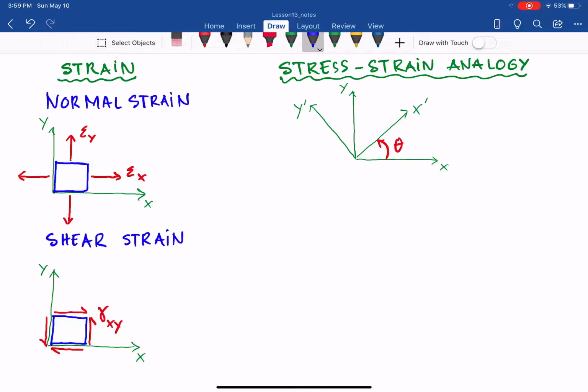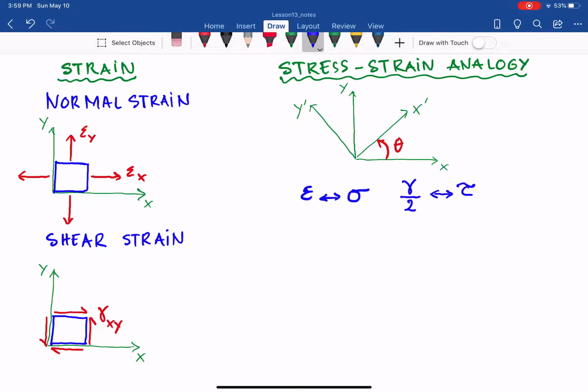If we talk about sigma in the previous lesson in the stress transformation, then here it is equivalent to epsilon. And if we talk about tau, the shear stress, in the previous lesson, then the analogy in today's lesson, strain transformation, is gamma, but not gamma, it will be half gamma. It's gamma, but it's half gamma.